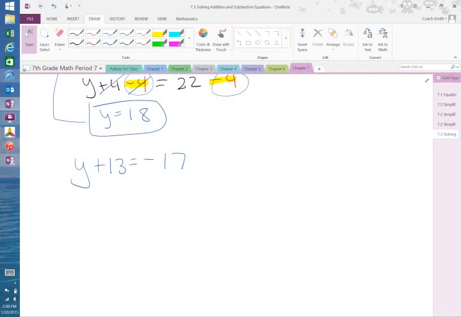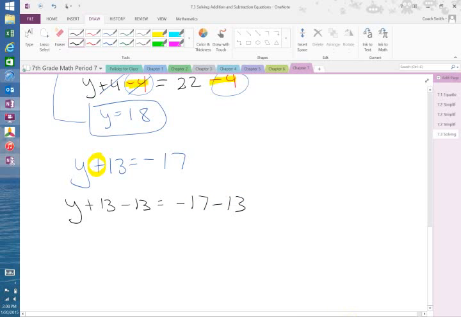Okay? Now, obviously here we're adding. So the inverse of addition is subtraction. So I'm going to take y plus 13 minus 13 equals -17 minus 13.